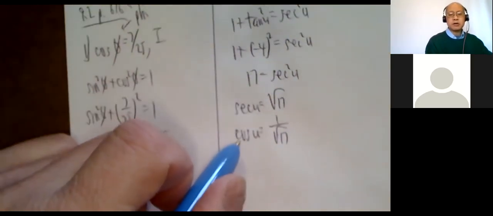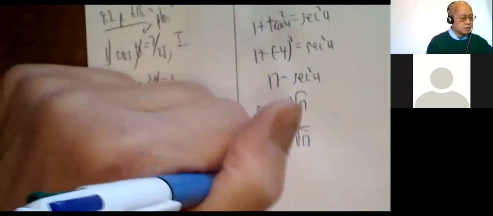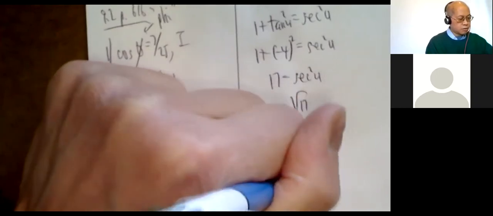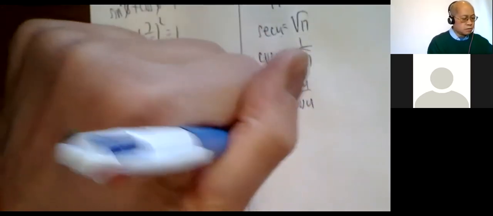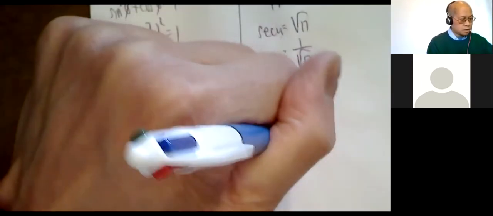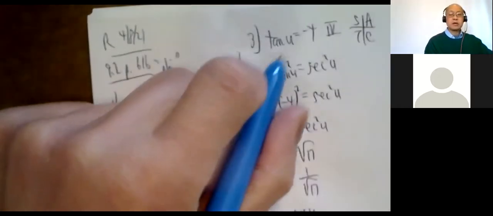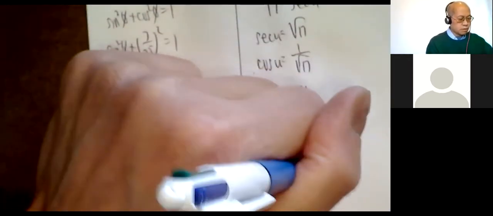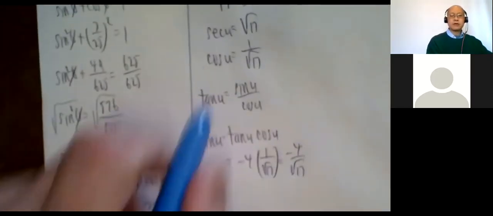I could use sine squared plus cosine squared equals 1, but since I already know I have tangent and cosine, that's probably easier. So tangent of u is sine u over cosine u. Multiply both sides by cosine u. Sine u is tan u cosine u. Tan u was -4. Cosine was 1 over radical 17, so -4 over radical 17. Okay, sine of u, cosine of u.